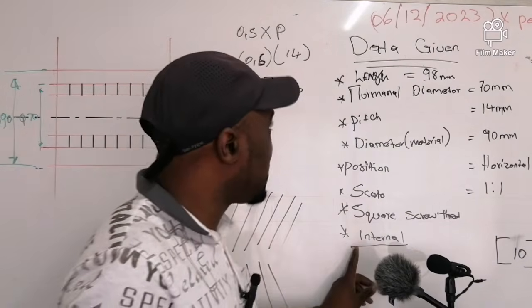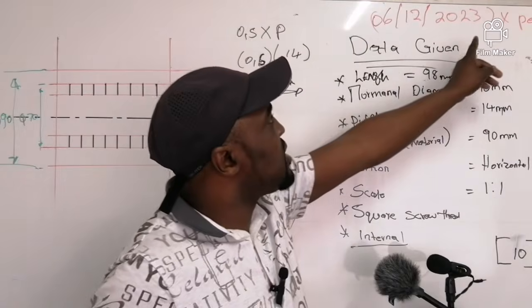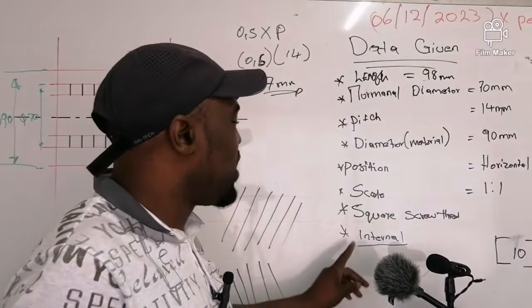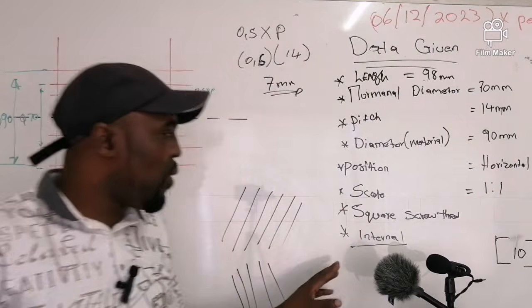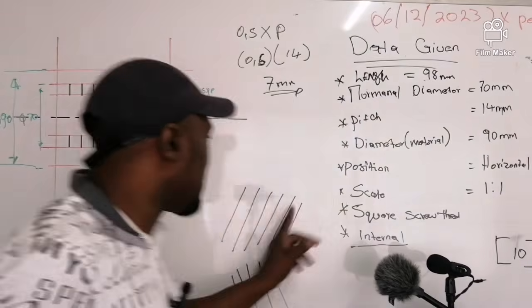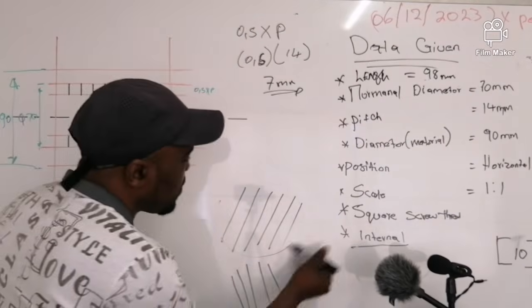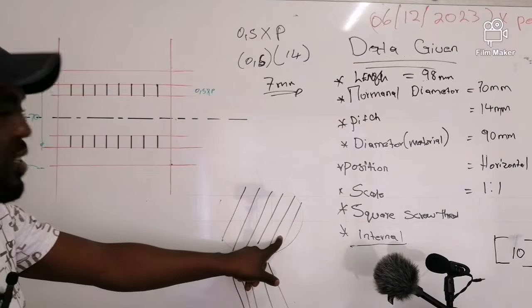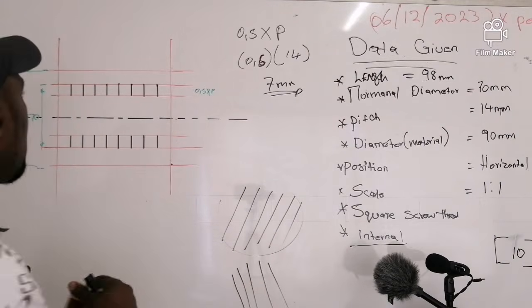But in this case, on this paper that was written on the 6th December 2023, we're being tested on the internal square screw thread, which means our threads must be in this format. So when you're drawing them, bear in mind that your threads must be in this position.